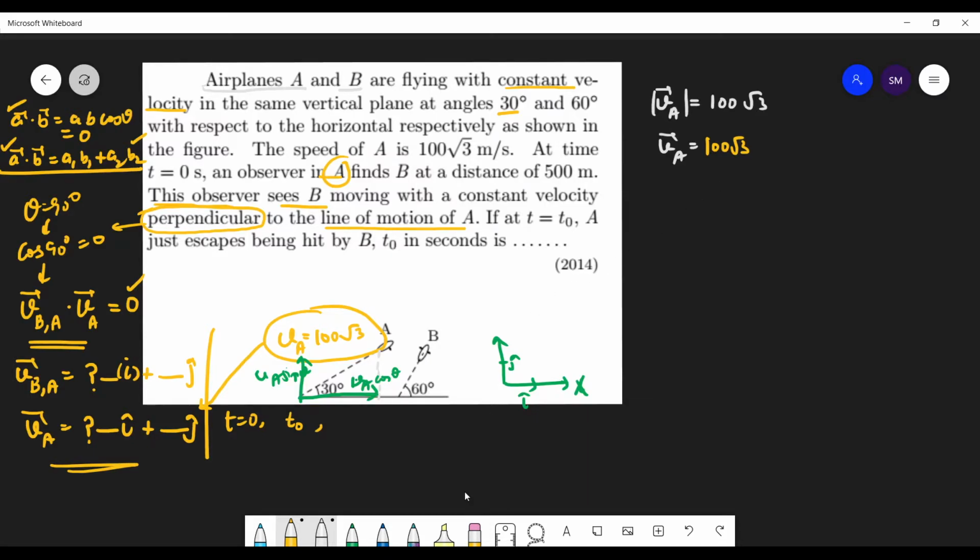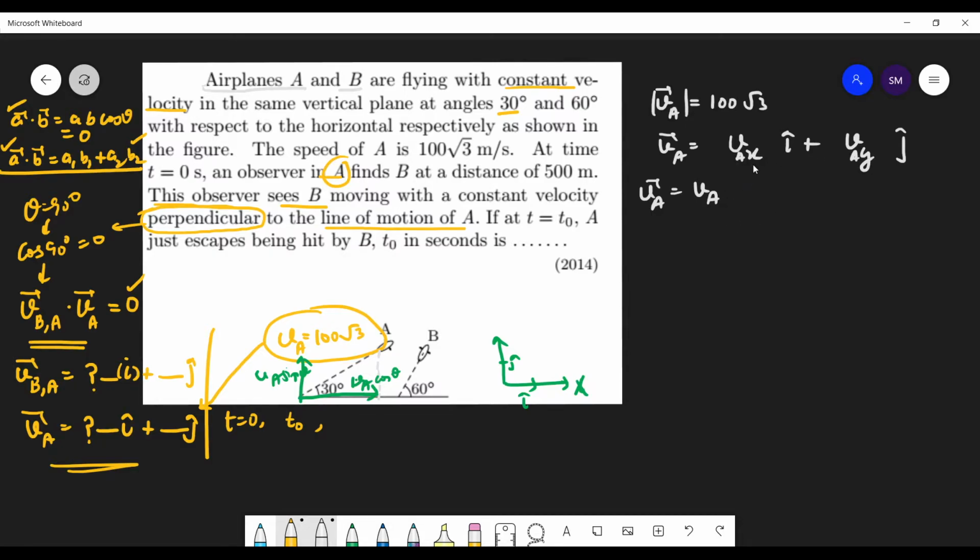You can write one more step, but it's the same thing: VA is actually VAx and VAy.